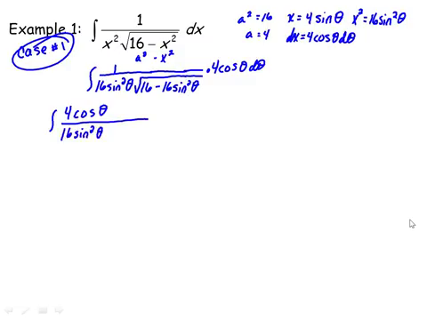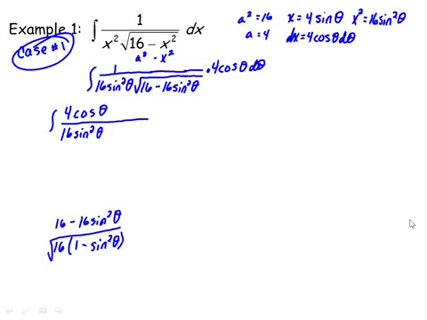Now, look underneath that radical. And again, this is a lot of algebra, and let's see if we can think about this, okay? If I have 16 minus 16 sine squared theta, do you see something that I can factor out? I can factor out a 16. And I'm going to have left 1 minus sine squared theta. But remember, all of this is underneath the radical.